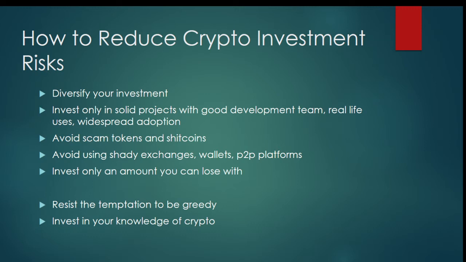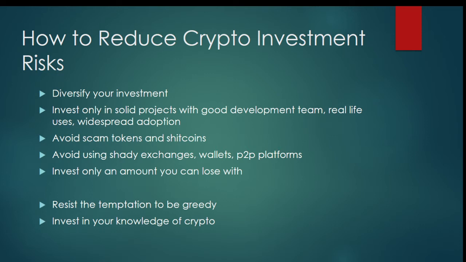But when you invest in shit coins and all those types of coins and tokens, you may end up losing all your assets. And that is why it is recommended that you avoid scam tokens and shit coins. Those coins and tokens could give you times 100, times 1000, times 3000% of your investment, but they can also lead to a permanent loss of your investment.